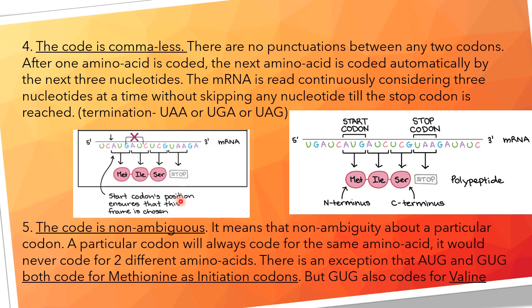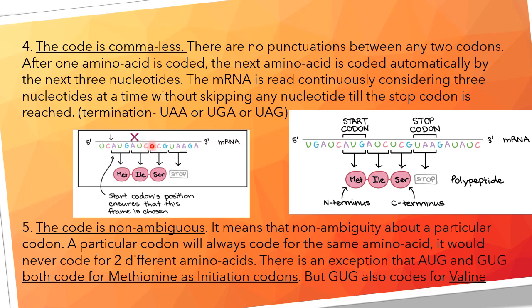This start codon position ensures the frame for translation that is chosen. So you will read AUG and then AUC, but you can't read GAU. The tRNA or the ribosome, when translation is going on, will not read it as GAU. This is an overlapping codon, and this is the wrong way.